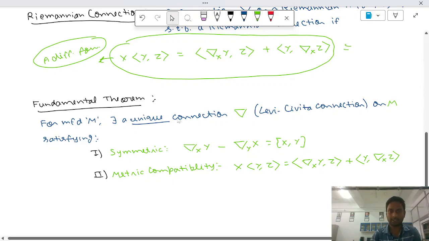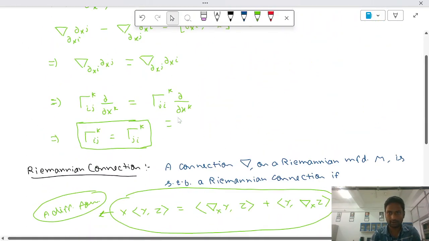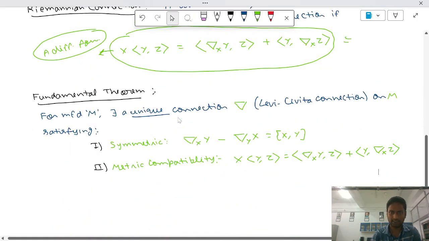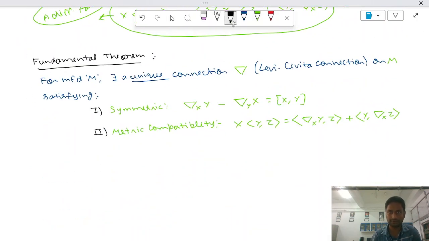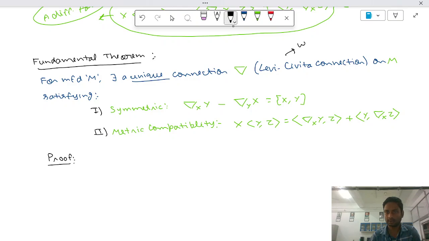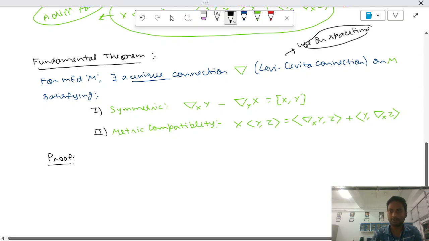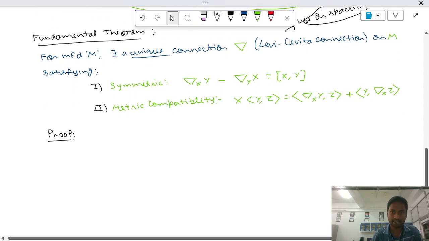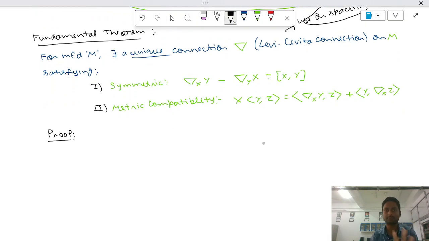This is the simple theorem, and the proof of it is also quite simple. There is nothing difficult about this proof. And this is the connection that we use in general relativity on space-time. The Levi-Civita connection is used on space-time. Well, that's for the far future. Right now, let's prove this theorem.